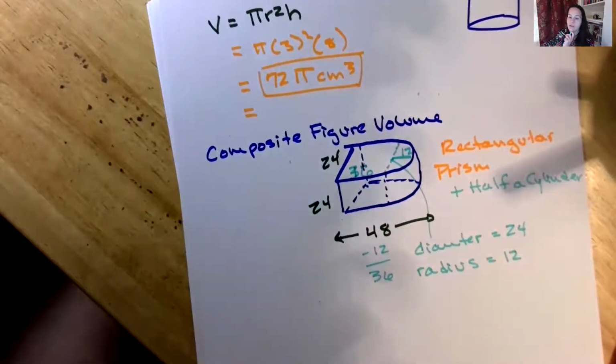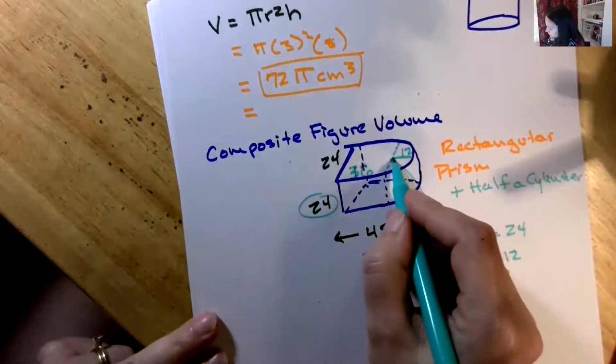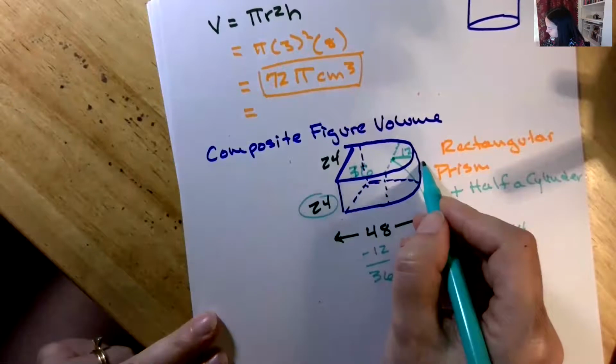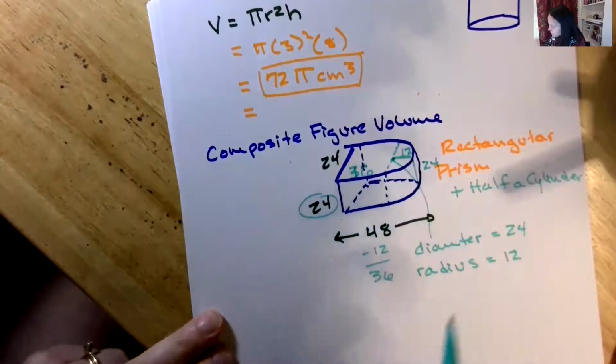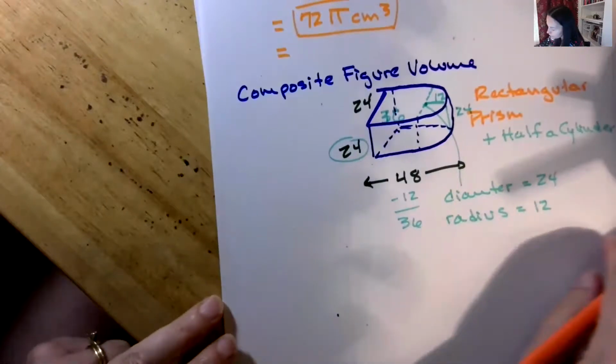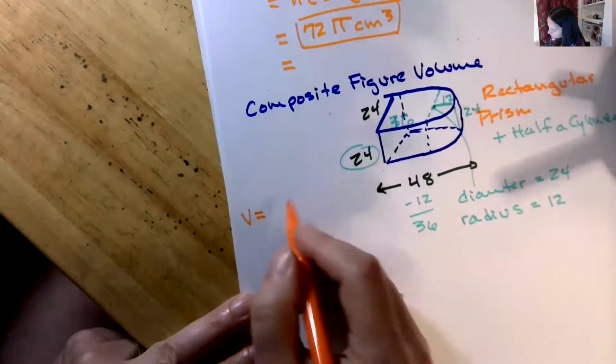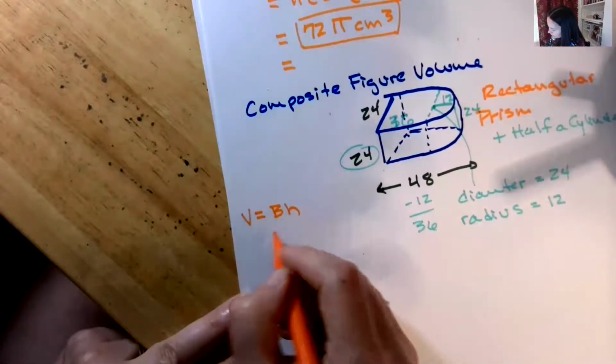So now we have dimensions for our prism, and we have dimensions for our cylinder too, if we remember that this 24 is also going to be the height of our cylinder, sorry. Okay, for the prism, volume equals the area of the base times the height.